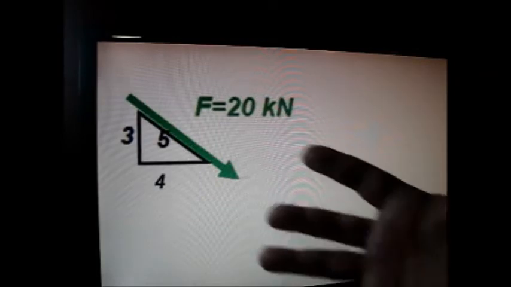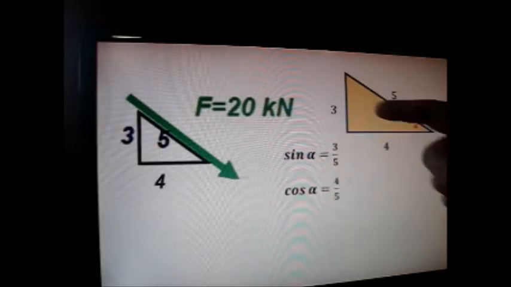So that's why I take this force, separate, and you see the 20 kilonewton force is here. And let's see the two components. So the triangle 3, 4, 5 is here, and this is the angle alpha. So of course, sinus alpha is 3 over 5, and cosinus alpha is 4 over 5.